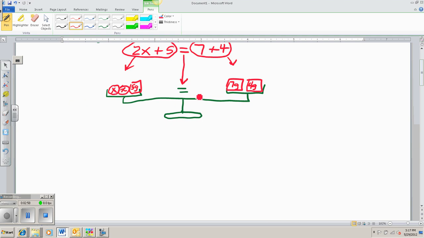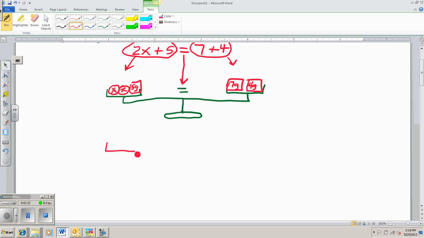What will happen? This side will pop down. There's no x over here to balance it off by taking it off. So I can't do that. So what do I have on this side that I can remove? I'm trying to get x by itself. I have a 5 gram weight, and here I have a 7 gram weight. Couldn't I pull 5 grams out of that 7 grams?